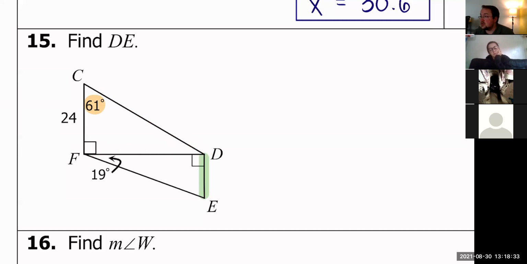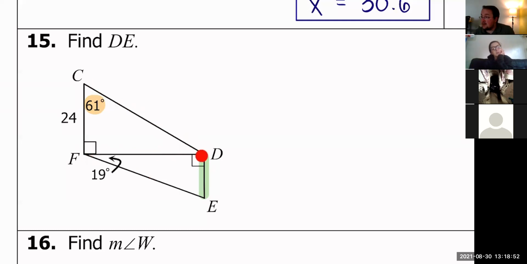Now, between the two, which one would be more useful if I think as to where I'm trying to work towards? CD. Ooh, well, here's the problem with that. It would give me this side, but then, does CD have anything to do with this bottom right triangle? No. Be better off with FD.